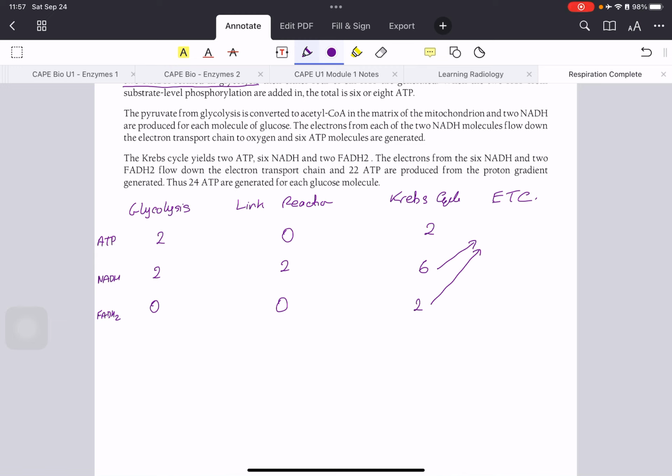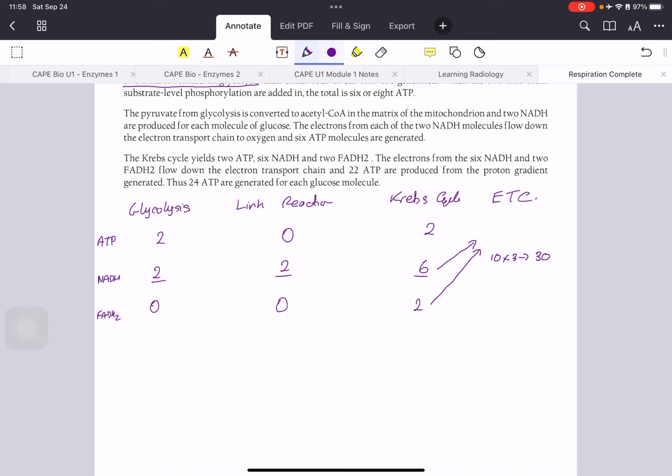So per NADH molecule, we get 3 ATP molecules. So we have 2 from glycolysis, 2 from the link reaction, 6 from the Krebs cycle. That is 10 NADH molecules. So 10 by 3. I'll actually put it here. 10 by 3, that's 30 ATP there, right?